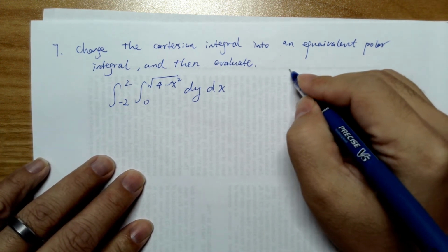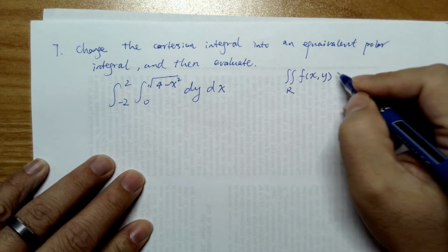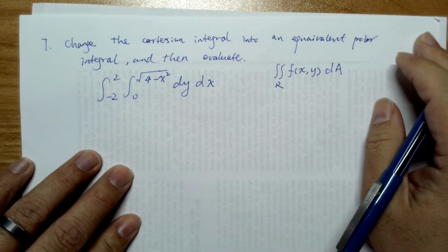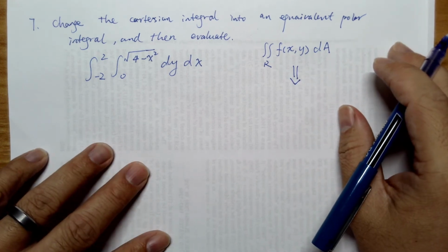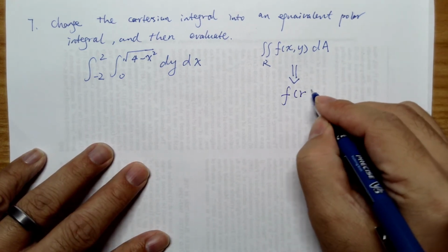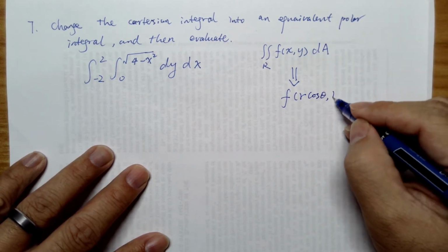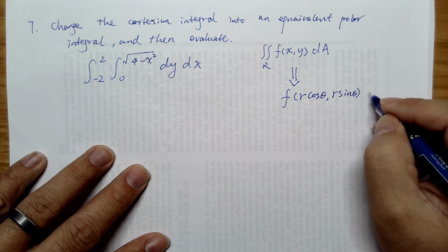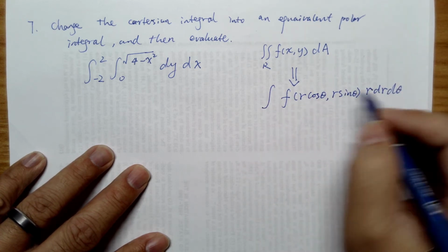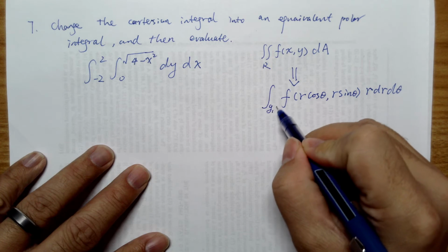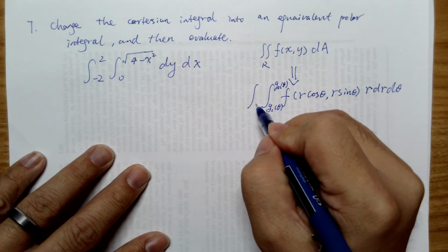So the regular Cartesian integral, if you're trying to change it into the polar one, you're going to need r cosine theta to substitute x, y equals r sine theta, right? And also r d theta, and also this r, so you're going to have g1 theta, g2 theta, and then theta is from alpha to beta.